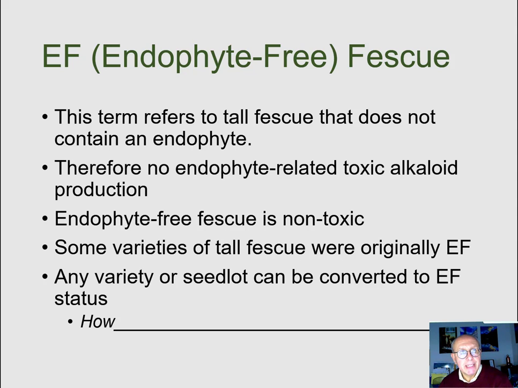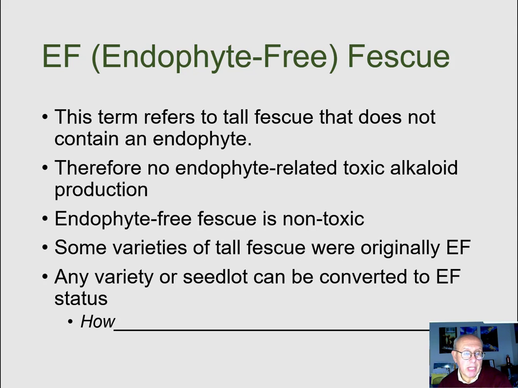We found that we could, of course, take seed from the good side, the endophyte-free side, and make new varieties out of that, and that's going to be endophyte-free. We also found that we could age seed, or heat seed, or treat seed with fungicide and convert it to endophyte-free status.